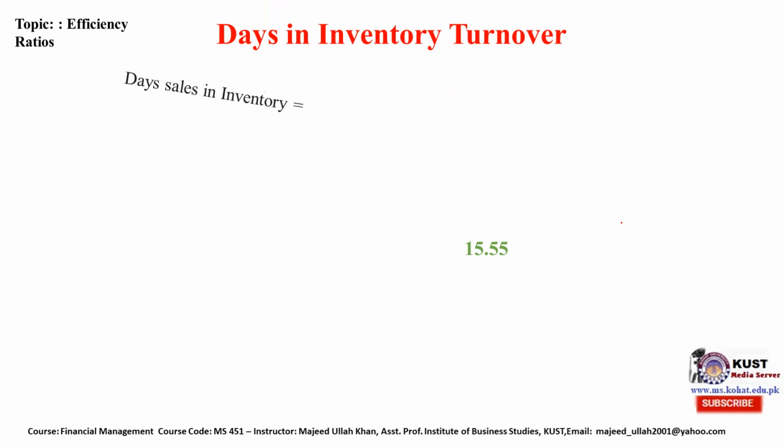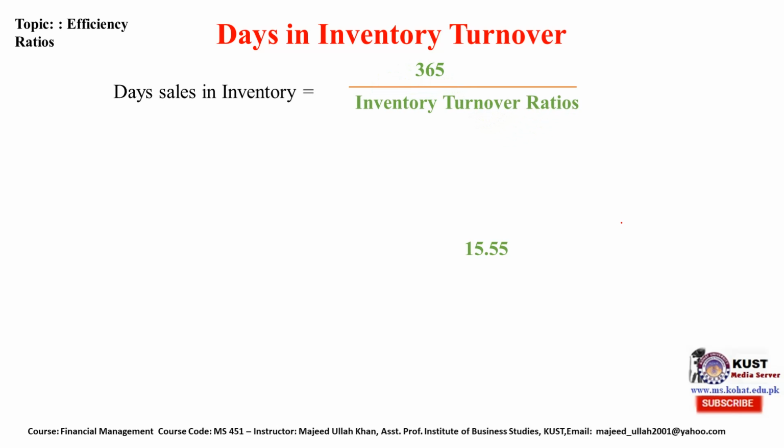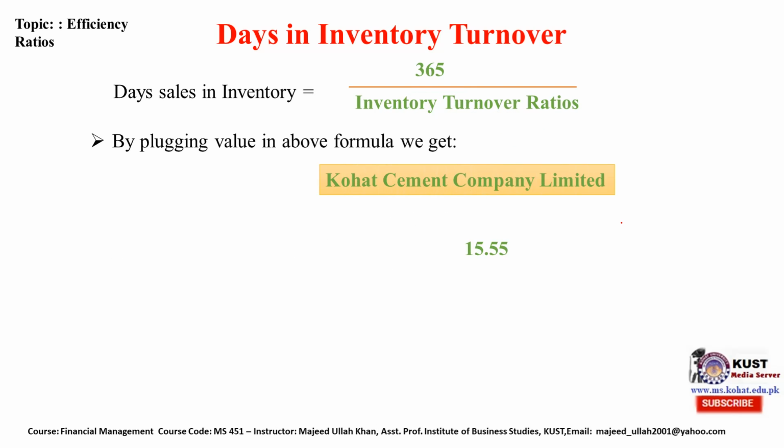Now days in inventory, day sales in inventory, is 365 divided by the inventory turnover ratio. Plugging values for the cement company, day sales in inventory is 365 divided by 15.555. The inventory turnover ratio has already been calculated.